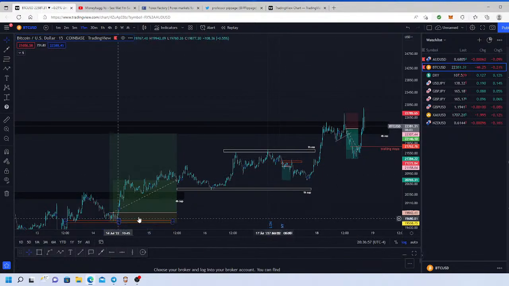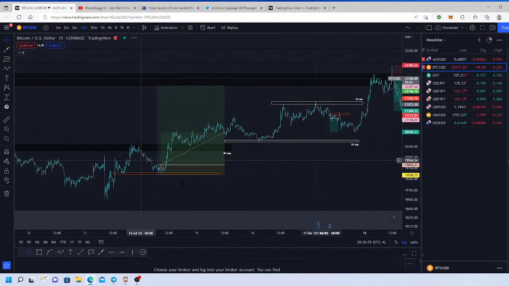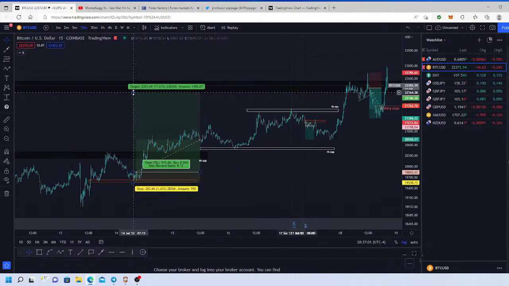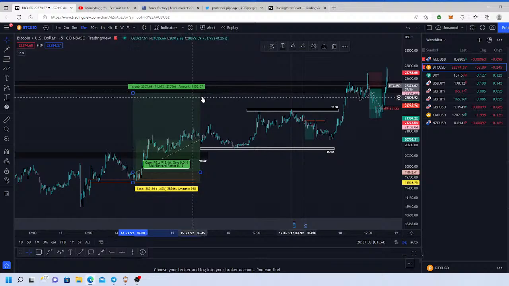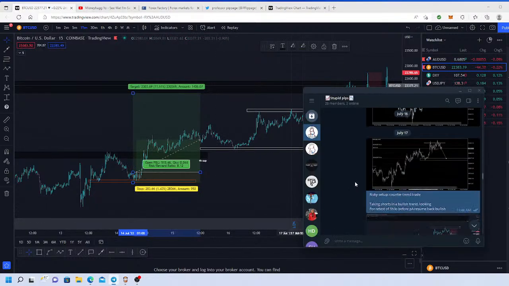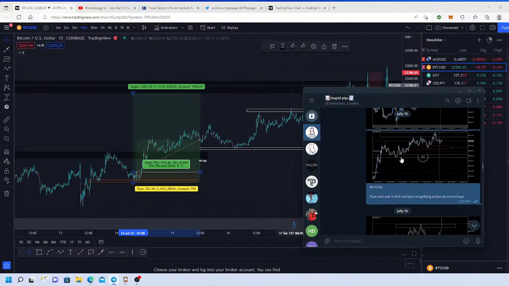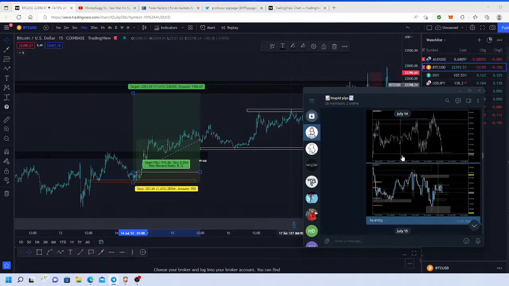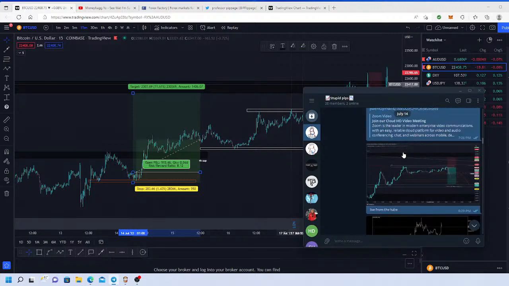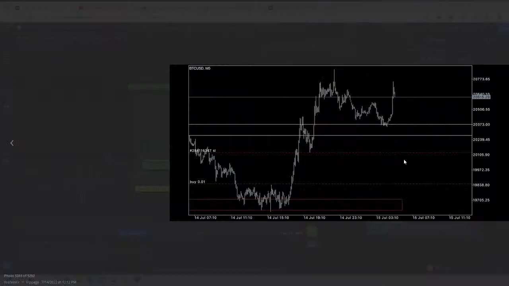And then this trade that I called last week is finally reaching targets. Let me see the original on that one. I think this is it right here.